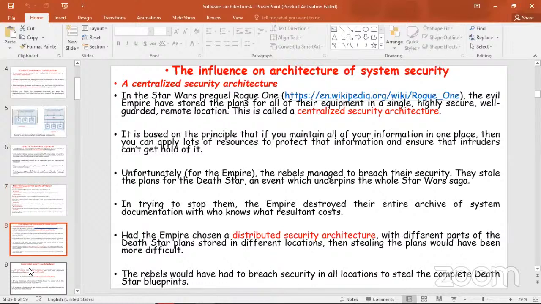So, the influence of architecture on system security. We want to look at the impact the software architecture has on the security of the system. We are going to be looking at different types of security and the way different security scenarios are put.